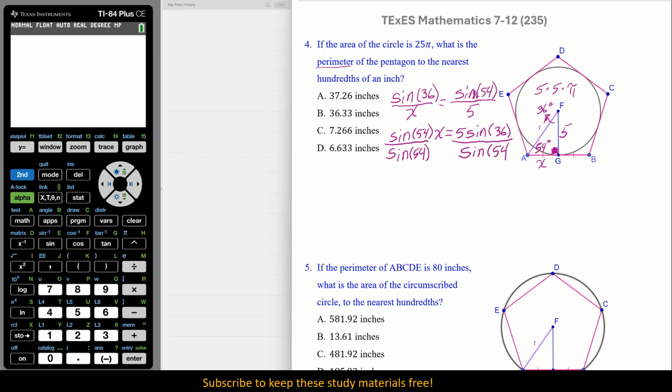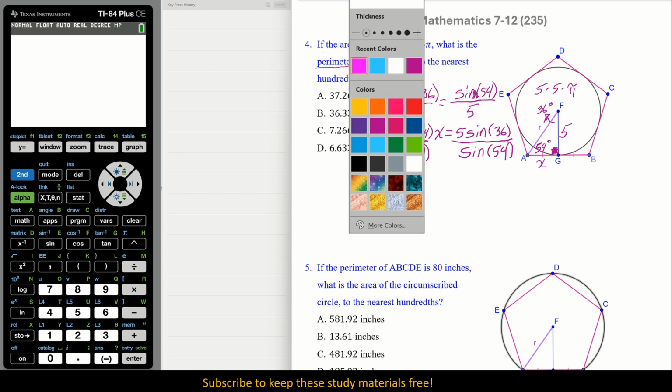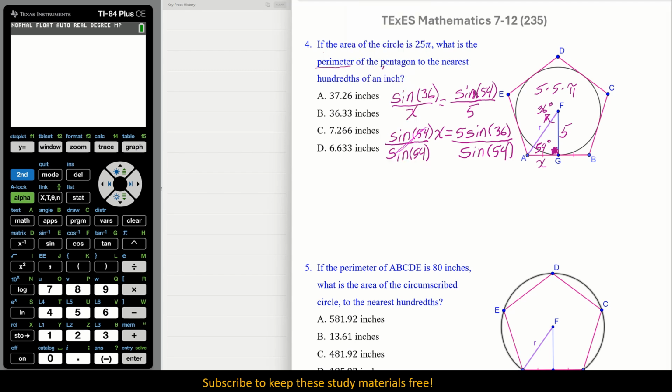Okay. That means, I'm going to go back to that blue color I had. Well, it doesn't matter. Okay, that means that cancels out, and we can find the value of x, okay?